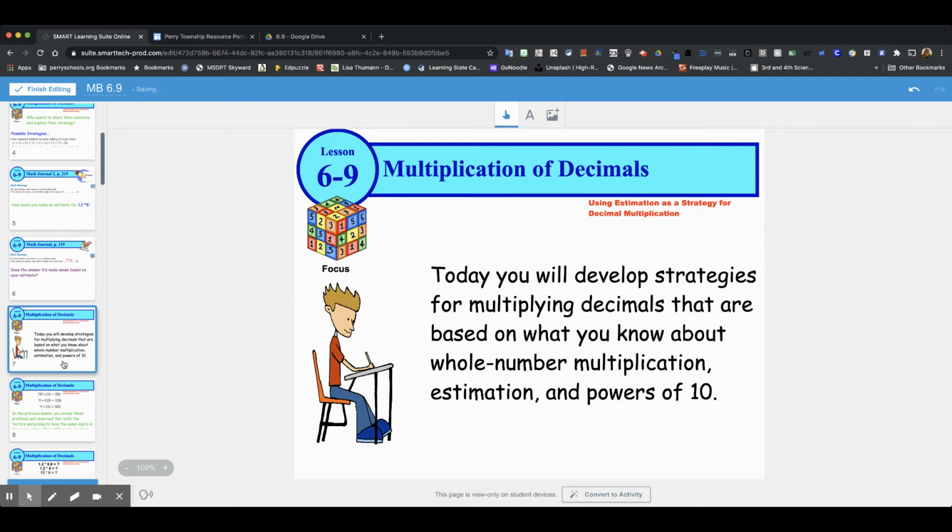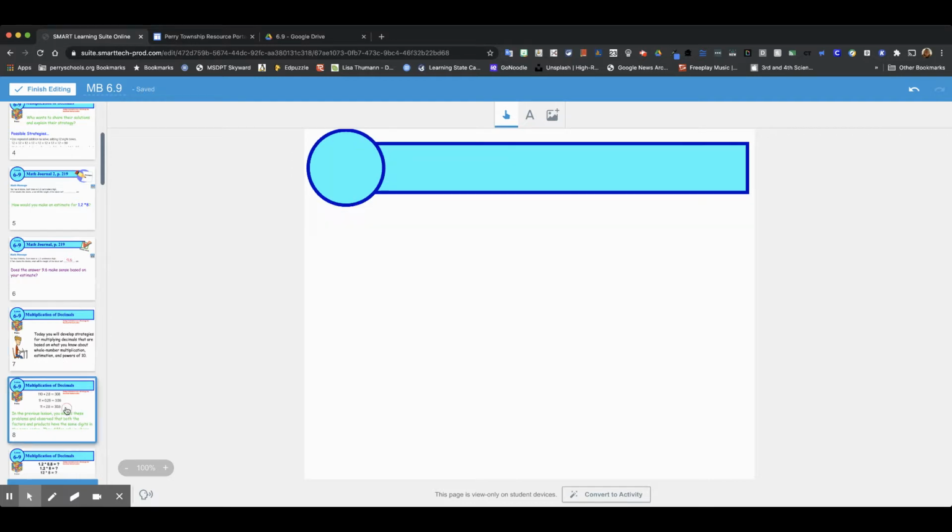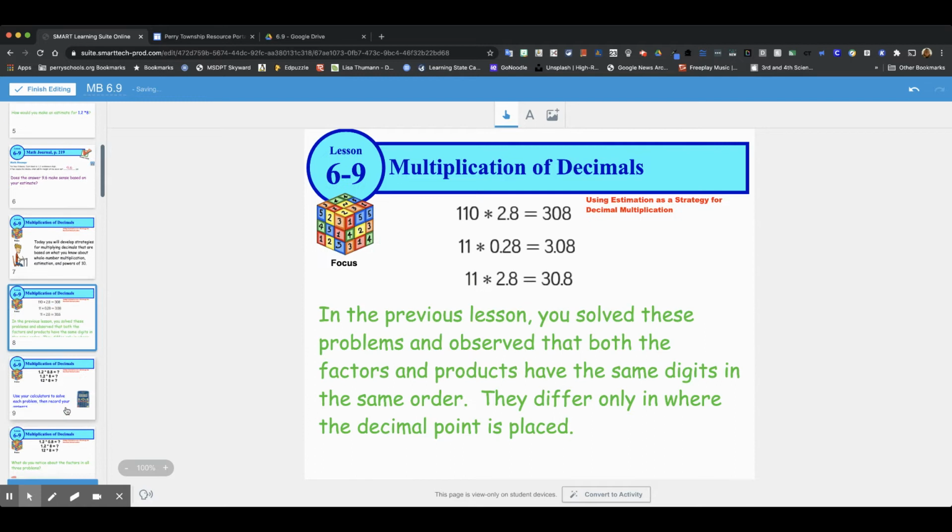So today we're going to develop strategies for multiplying decimals that are based on what you know about whole number multiplication, estimation, and powers of 10. So you can see at the top here, we've got 110 times 2.8 that equals 308. If we take 11 times 0 and 28 hundredths, we get 3 and 8 hundredths. And then if we take 11 times 2 and 8 tenths, we get 30 and 8 tenths.